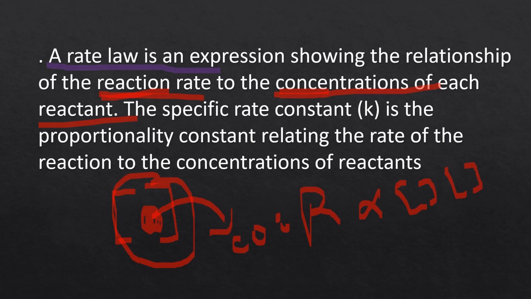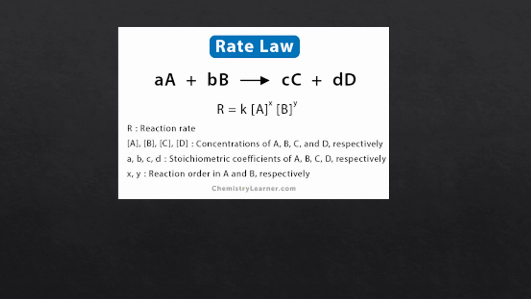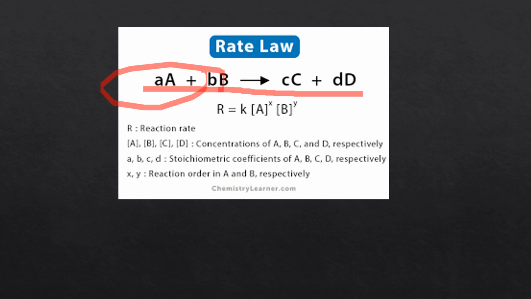Let me brief it with a diagram. Just suppose that this is a diagram. You can see here there are reactants and products, two terms. That means these reactants produce these products. What do I mean to say?